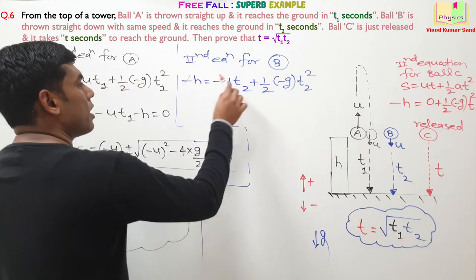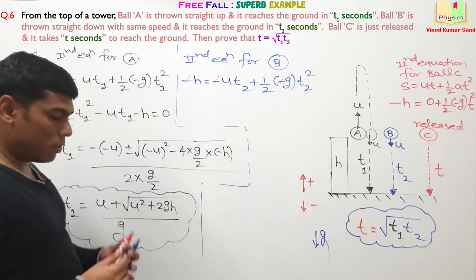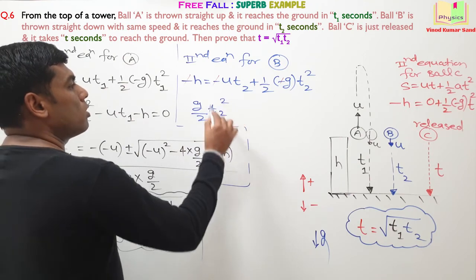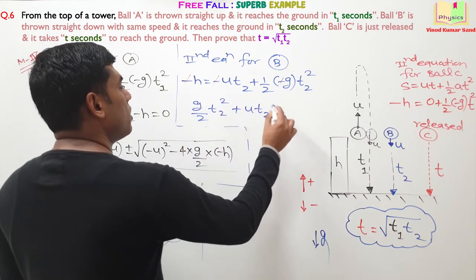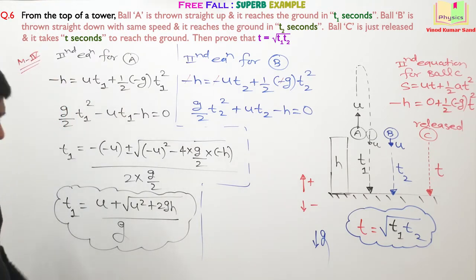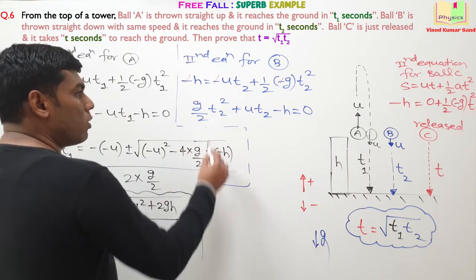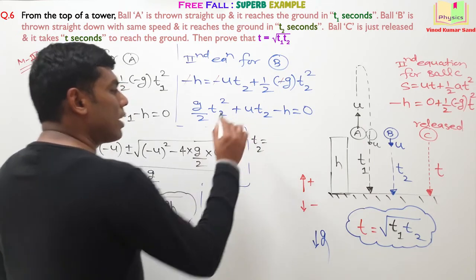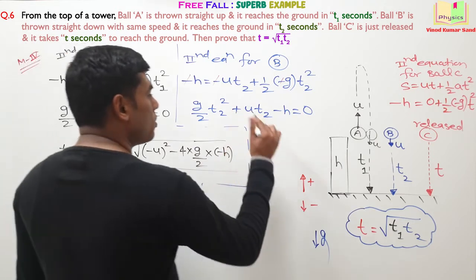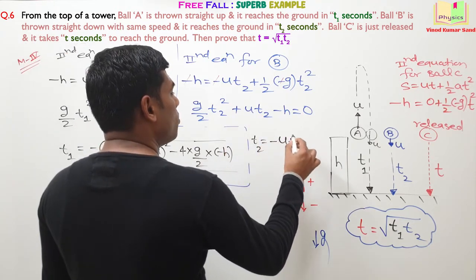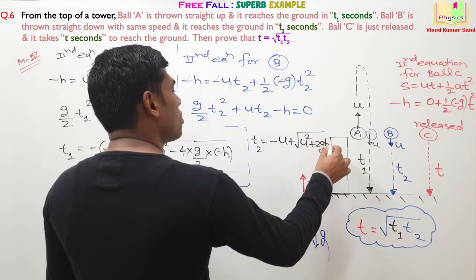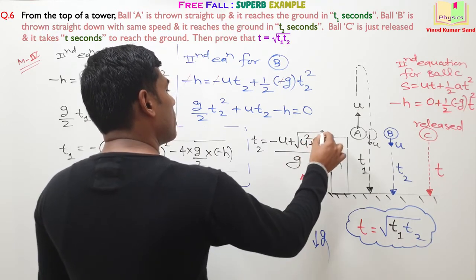This negative sign we can cancel out everywhere, and I'm rearranging the equation now. g by 2 t2 square plus u t2 minus h is equal to 0. Do you agree? Now solving this expression will get the value of t2. I'm leaving that to you. Do your computations. You'll get t2 as minus u plus root of u square plus 2gh, divided by g.